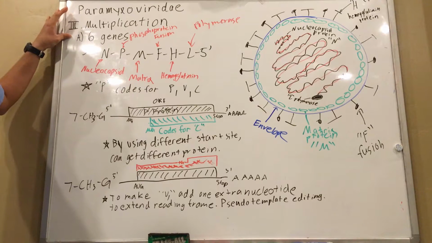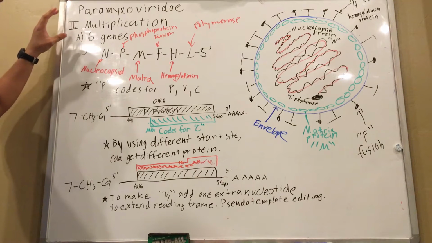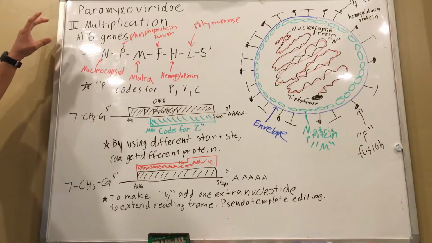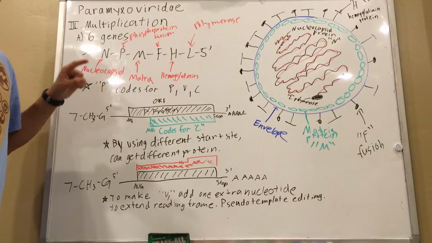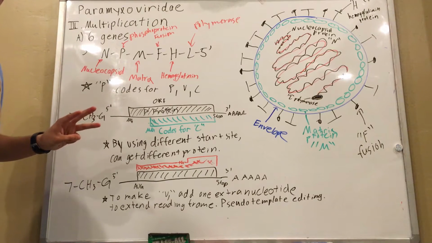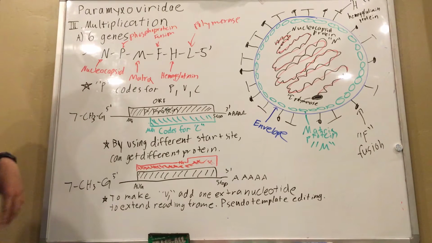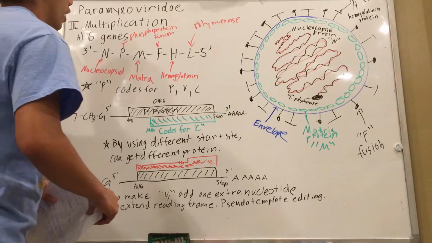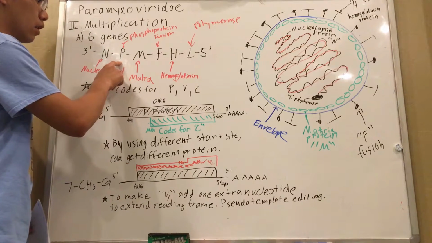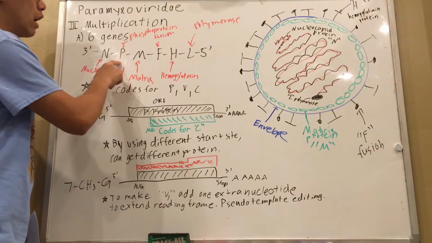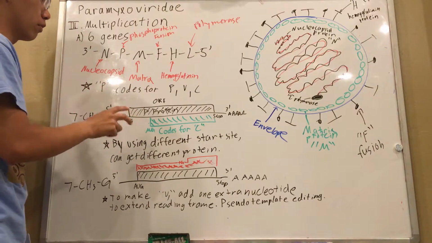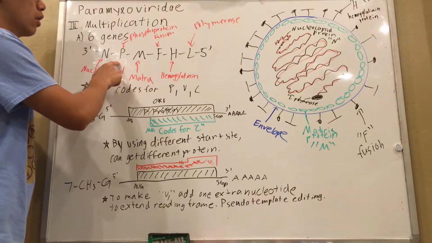There are 6 genes that Paramyxoviridae needs to worry about. N, P, M, F, H, and L. But in reality, P codes for 2 other proteins in addition to itself.